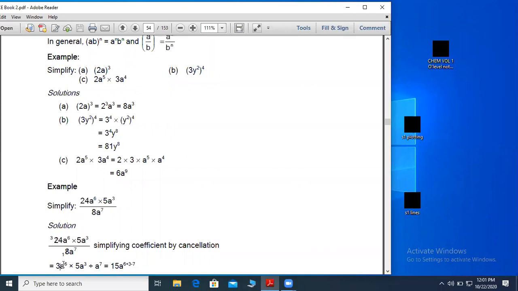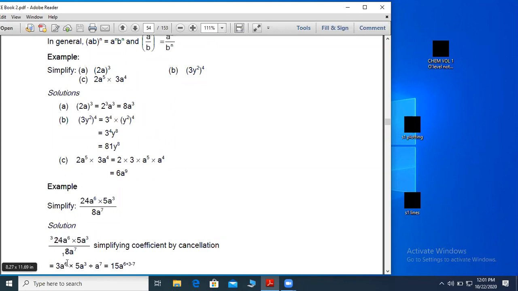Then I pull out those with a's together. Let us first do this aside. Get a in your rough book: a power 6 times a power 3, divided by a power 7.